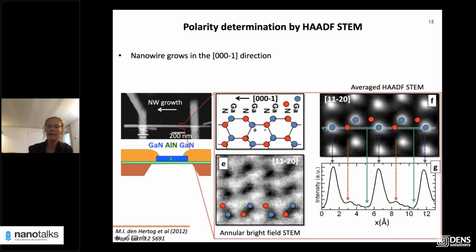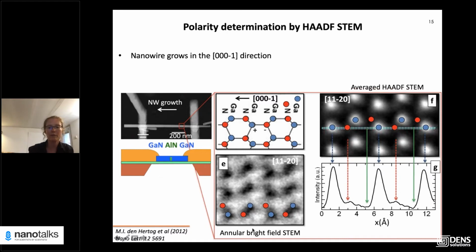But if we make a line profile along this line here, we see here a little bump, but here is a dip in the contrast. And so this analysis allows us to place the nitrogen atoms in the lattice, and this shows that the C plane here is terminated by nitrogen, and this is what we typically refer to as a 000-1 N-polar nanowire growth direction, because the nanowire grows to the left on my screen.